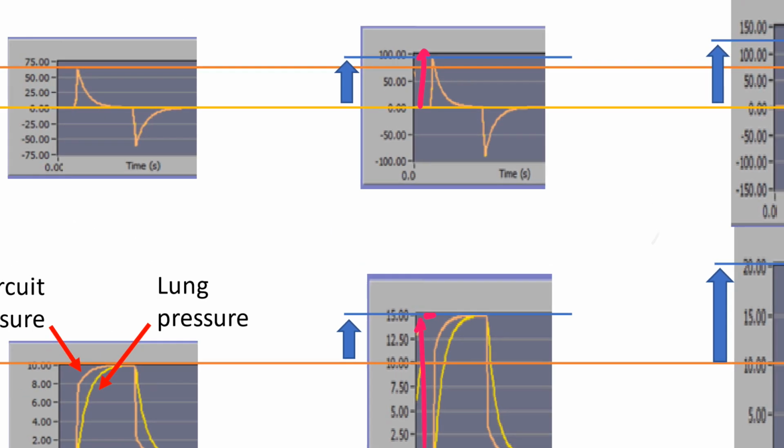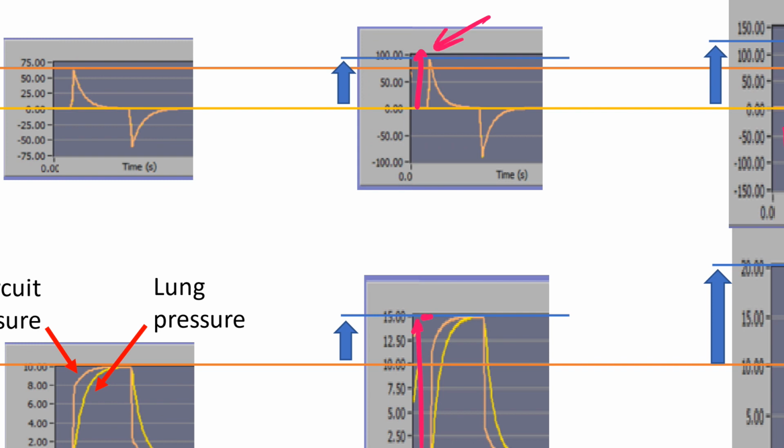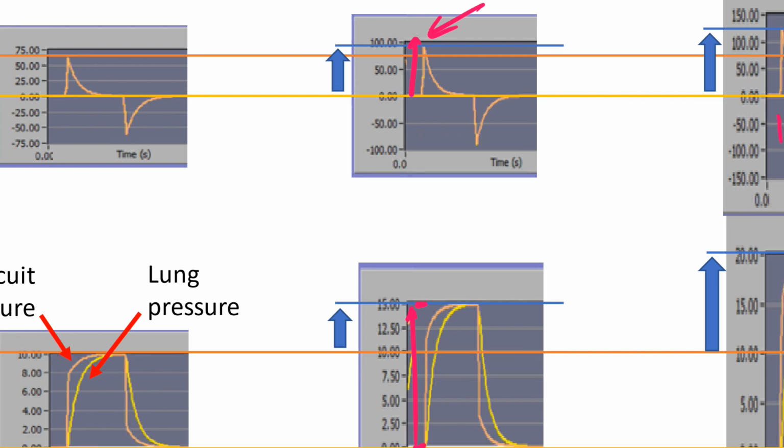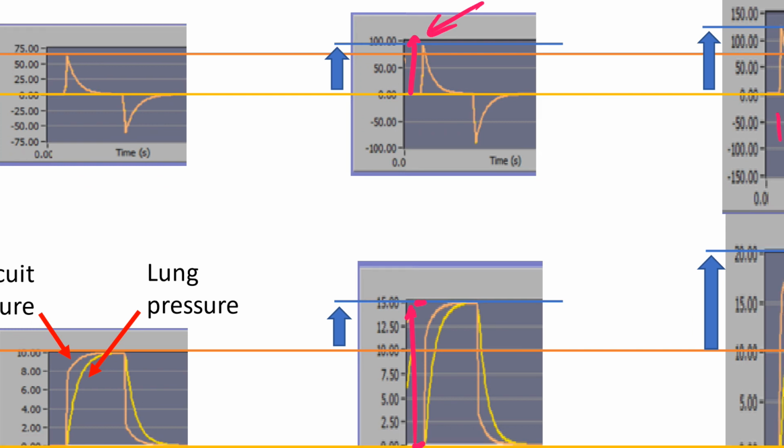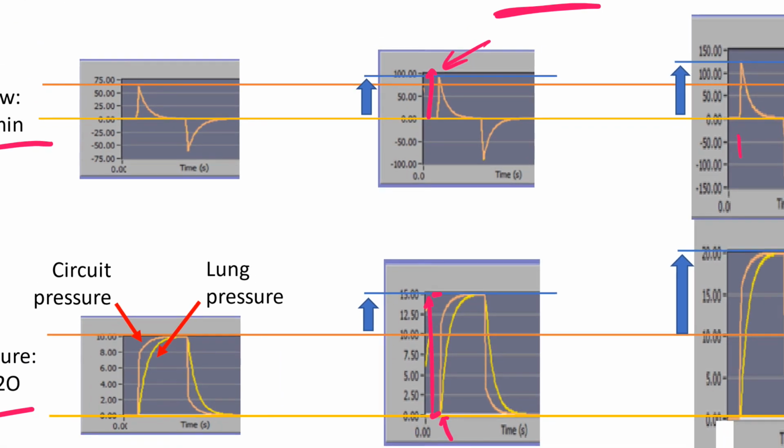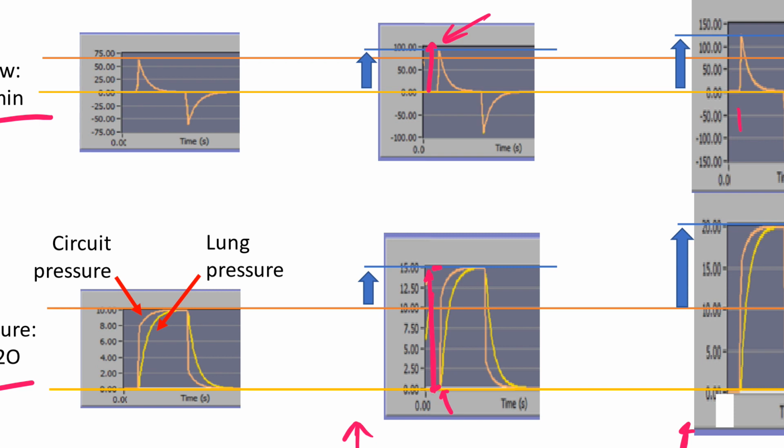So we get this peak inspiratory flow being delivered here because initially at the start of the breath, we're having a large pressure gradient between the circuit pressures and the pressures in the lung. And the pressures in the lung are shown to us in the yellow line, and the pressures in the circuit are in the orange line.